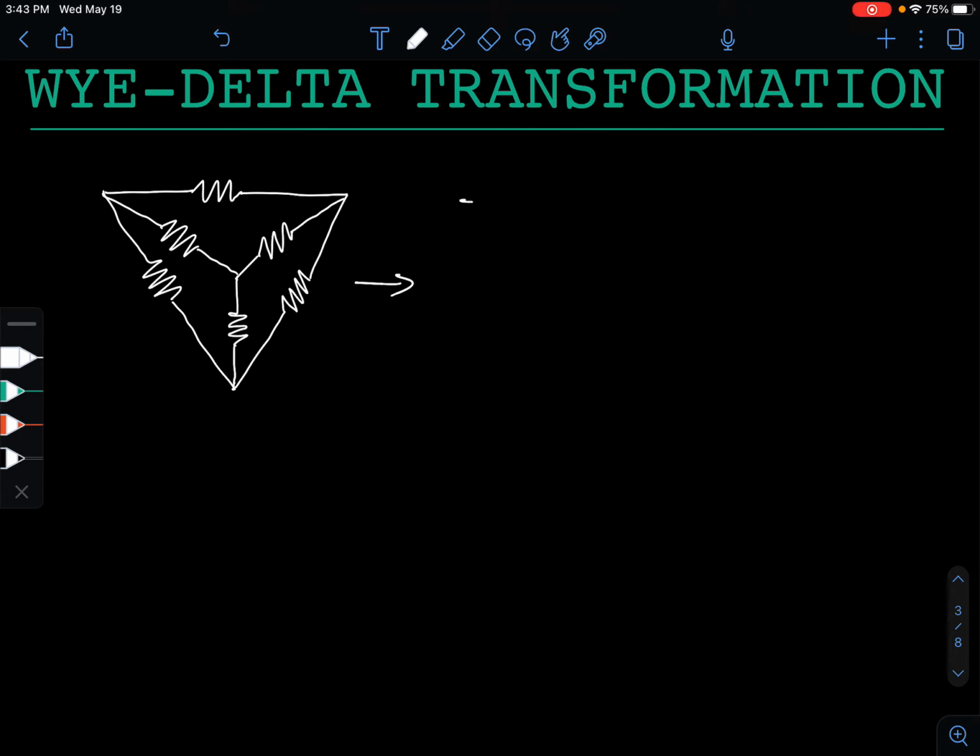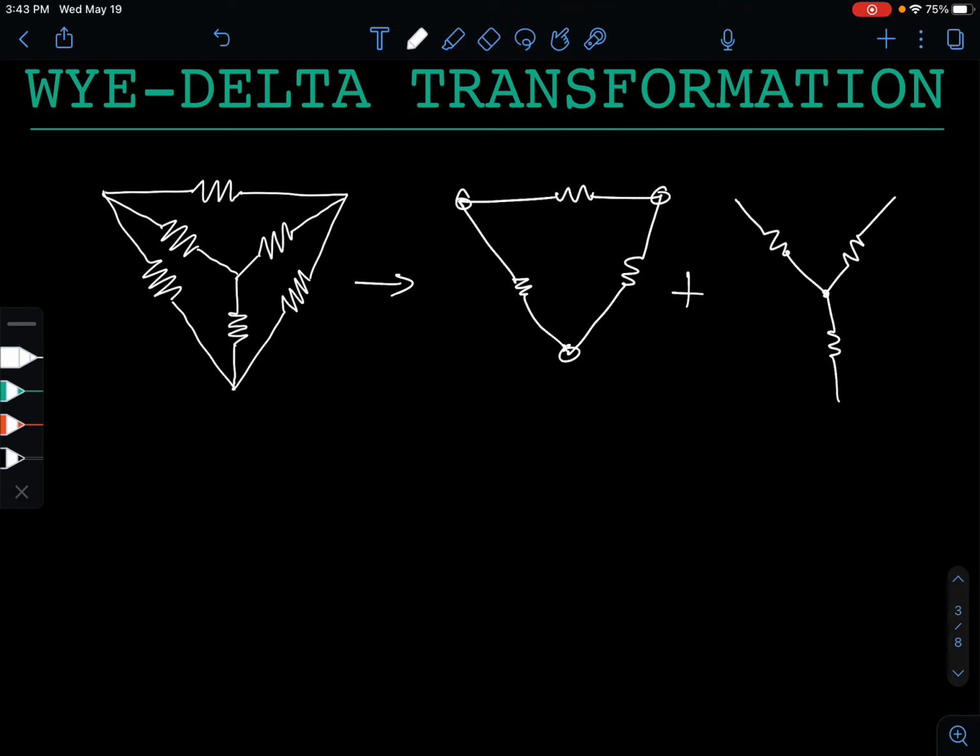You can see that it is made up of two schematics, namely the delta right over here, that consists of three nodes, 1, 2, and 3, and also the Y, like so, that consists of 4 nodes, 1, 2, 3, and 4. And the shapes of these respective schematics is what gives rise to the names. This is the delta, and this is the Y.